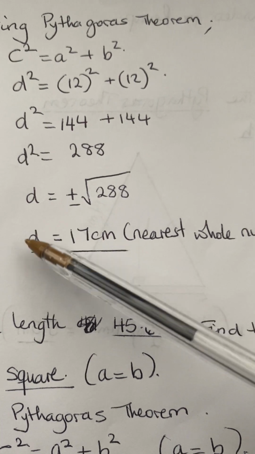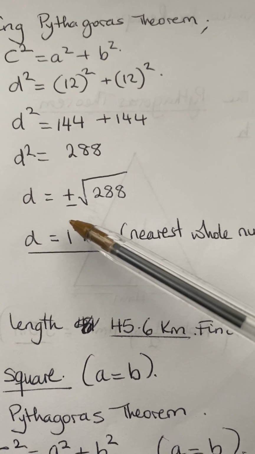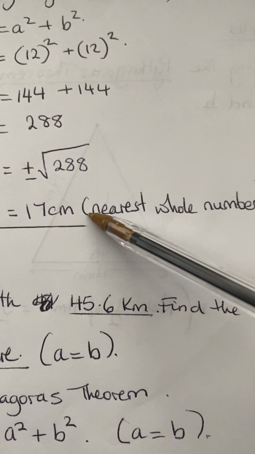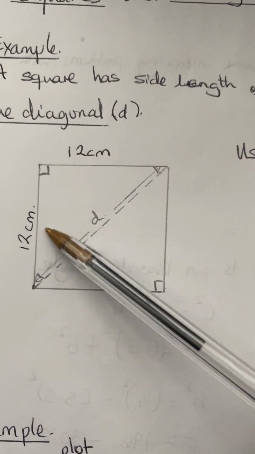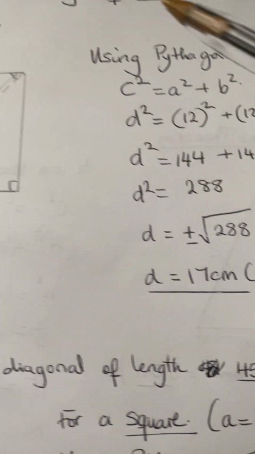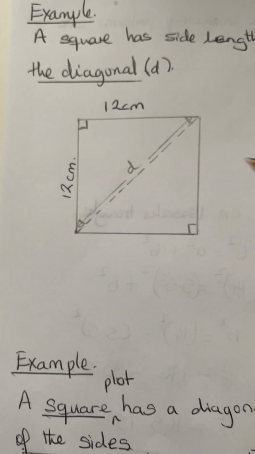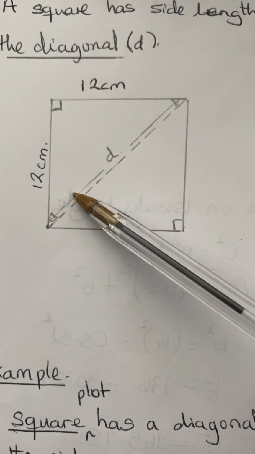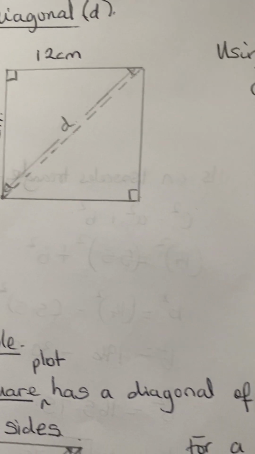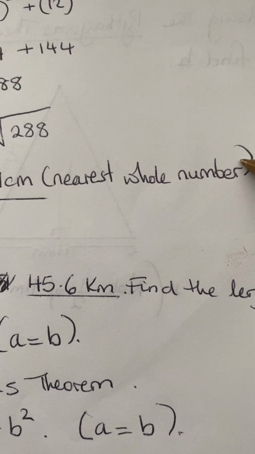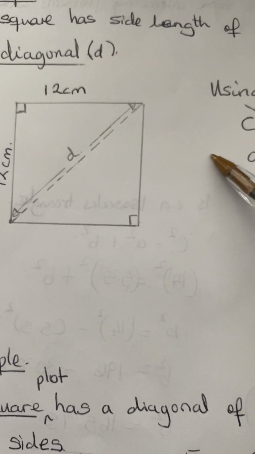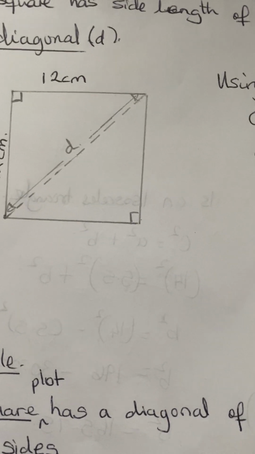When you do it correctly, you are going to get 17 centimeters because our unit here is in centimeters. So D, the length of this diagonal here, is 17 centimeters to the nearest whole number. All my diagrams are not to scale.